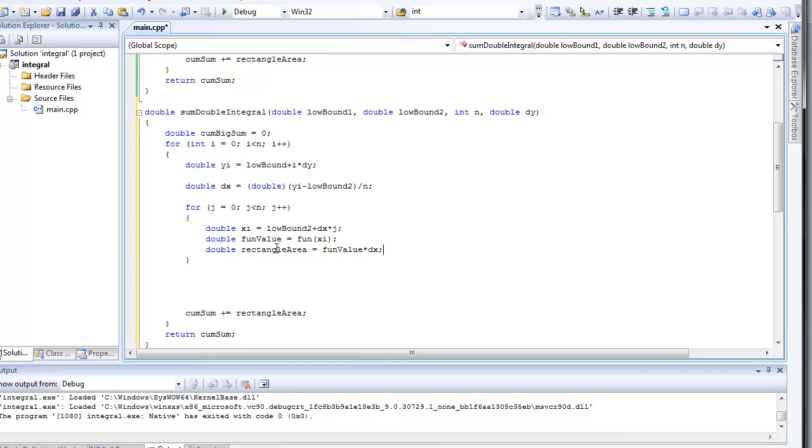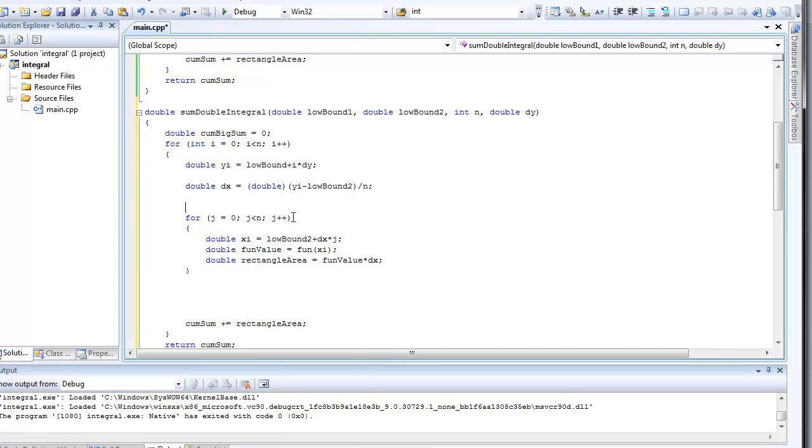Okay, so this is the rectangle area of the inner integral, and we introduce some variable, say double small sum, instantiated at 0 in every loop, and this will collect the numbers of the rectangle area weighted by dx.